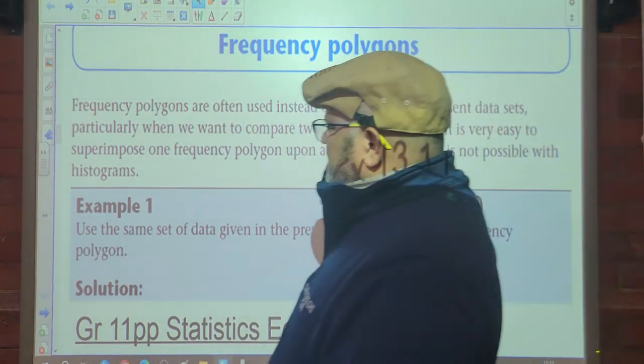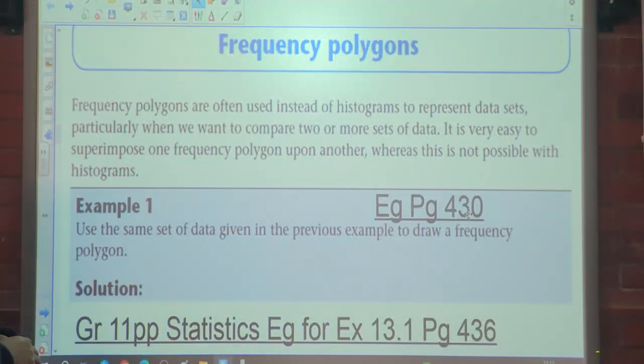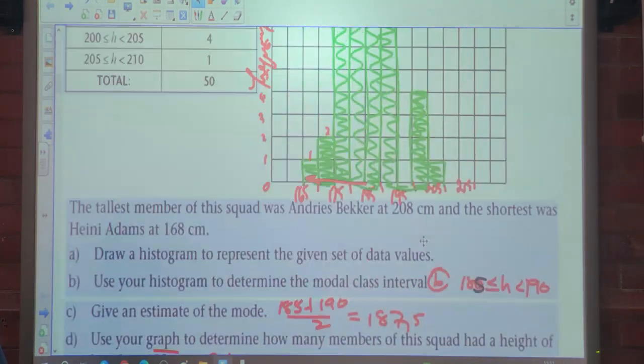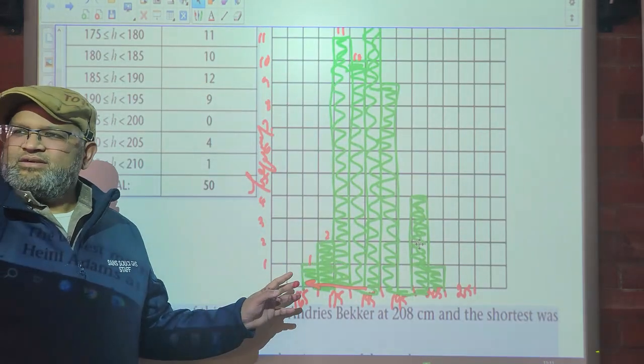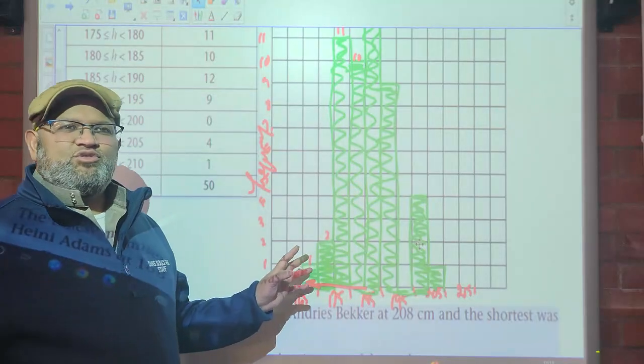So now we are told that the frequency polygon is often used instead of histograms to represent data sets, particularly when we want to compare two or more sets of data. You see, if we're going to draw another histogram on here, it's not going to make it easy for us to draw conclusions.